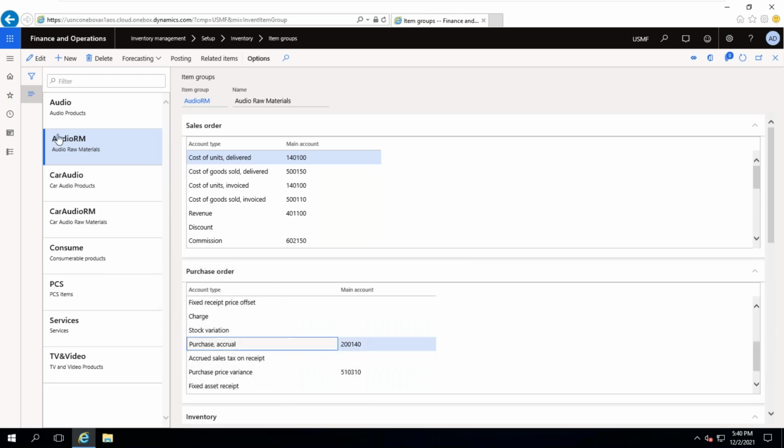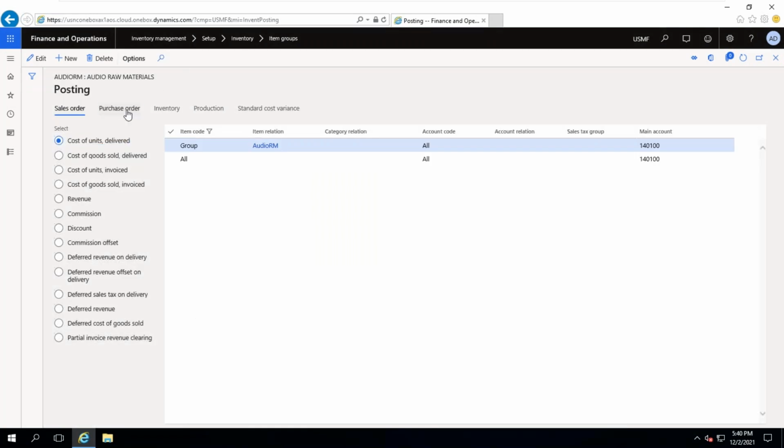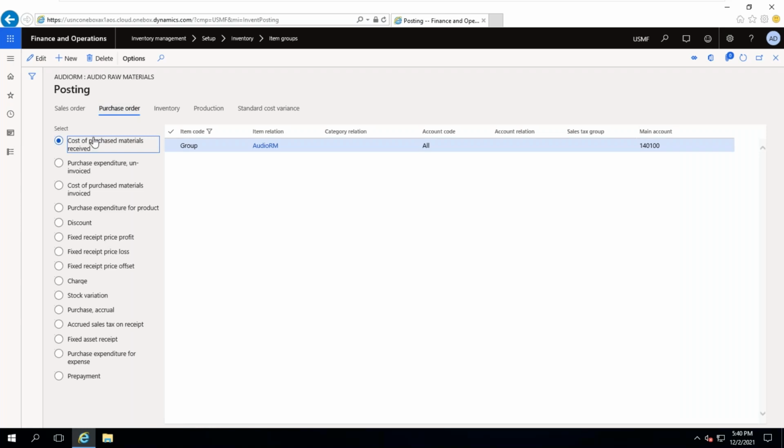Here the look and feel is different. If you want, you can click on the posting button. Now if you go to the purchase order tab, you can see all this. During product receipt, cost of purchased material received account debit to purchase accrual account credit, and then purchase expenditure uninvoiced 0 will be posted.